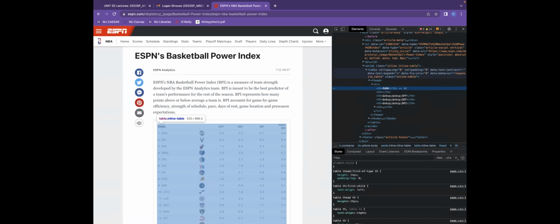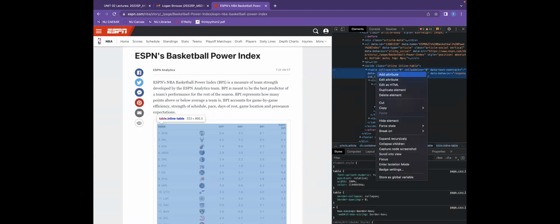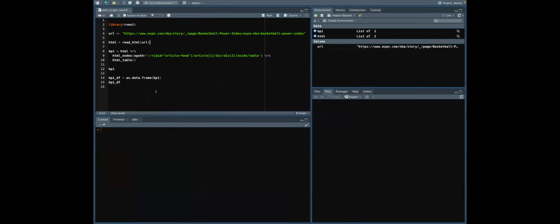So what you have to do to be able to pull out this table in particular, you really just find the corresponding chunk here. You can copy that. You copy the XPath for that table, just to test it. I already have it in there, obviously, but just to make sure that I got the right thing.